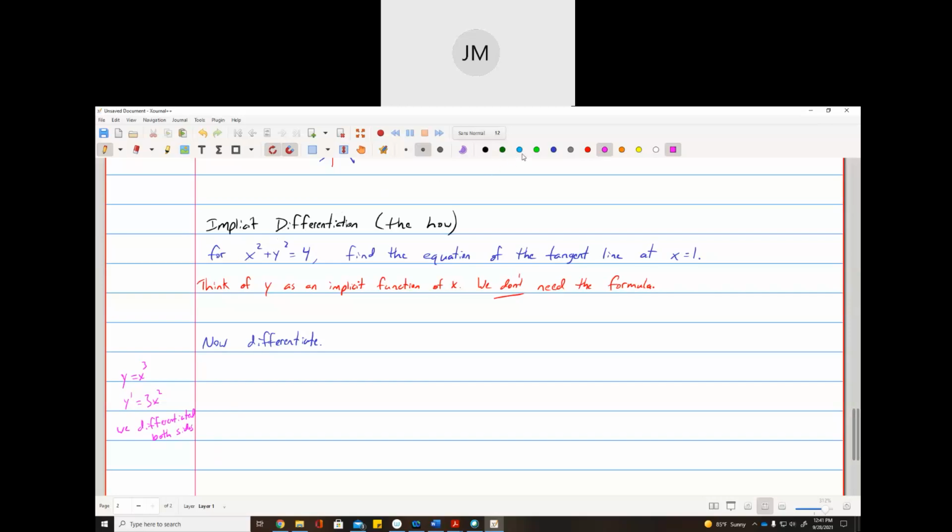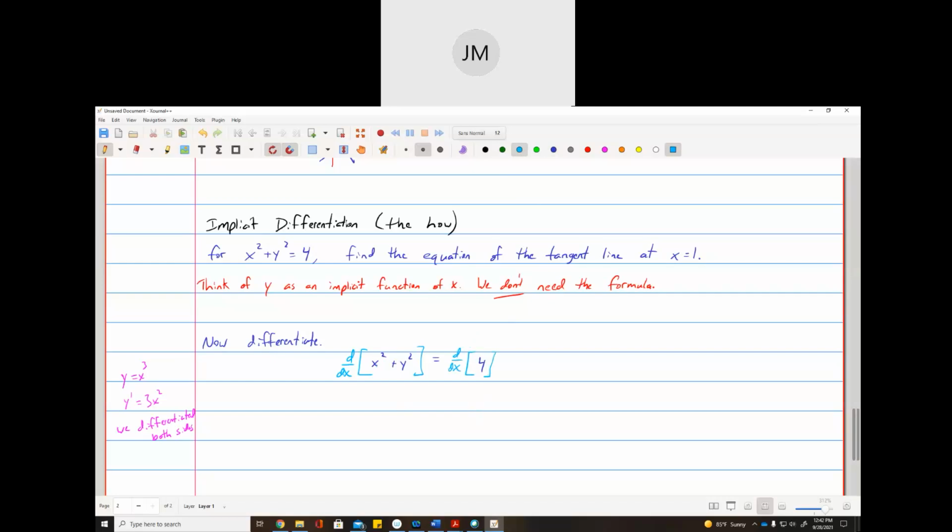Okay. So I'm going to think of this as the derivative with respect to x of x squared plus y squared equals the derivative with respect to x of 4. Okay. And then let's see what happens.